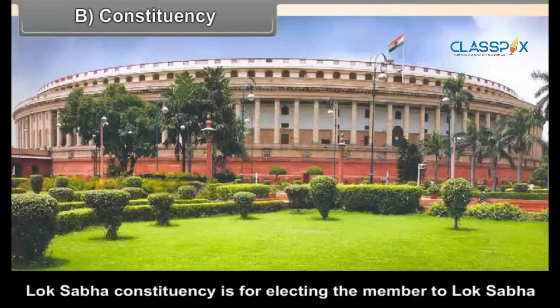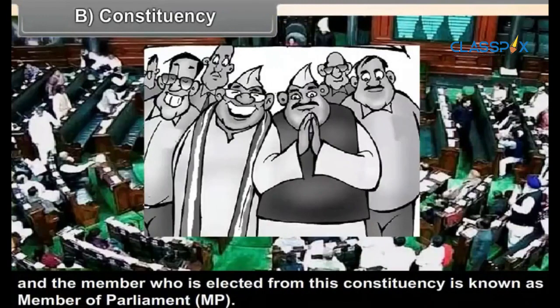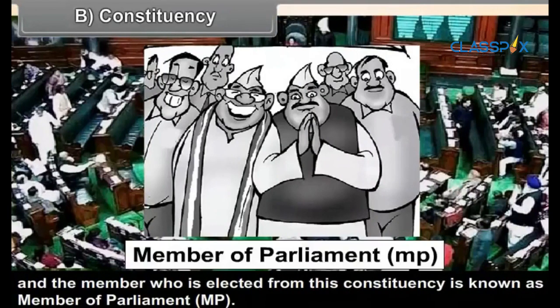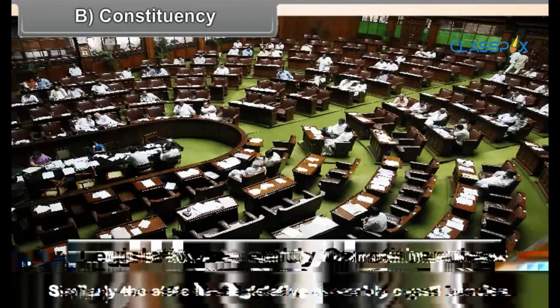Lok Sabha constituency is for electing the member to Lok Sabha, and the member who is elected from this constituency is known as Member of Parliament, MP. Similarly, the state has Legislative Assembly constituencies.